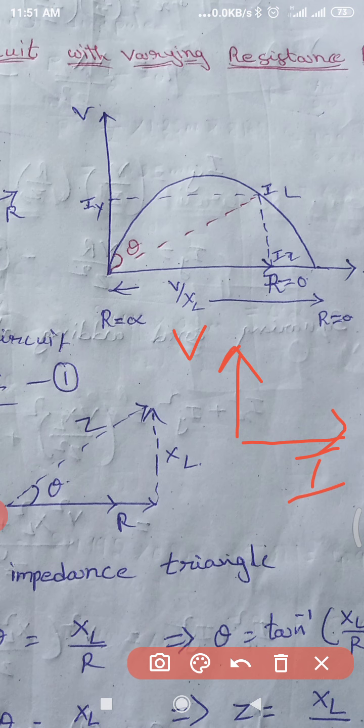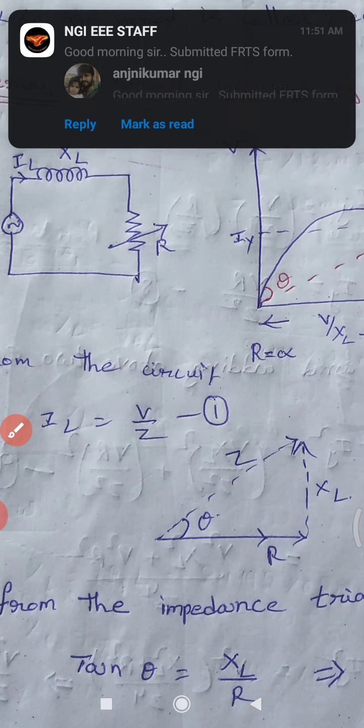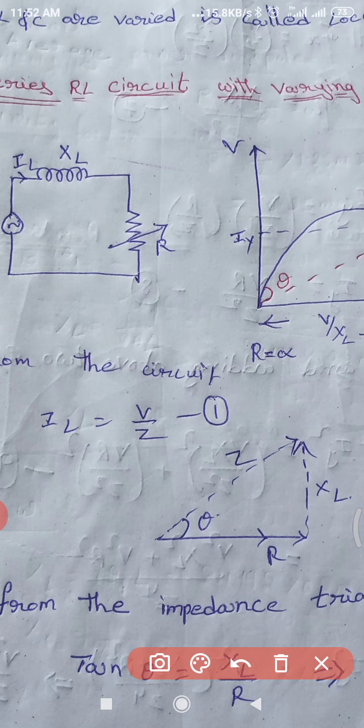But here we are considering the combination of both inductor and resistor, and the resistance is varying. See the diagram here: this resistor is varying and this XL is kept constant. So let us see how the phasor diagram is drawn for this circuit.